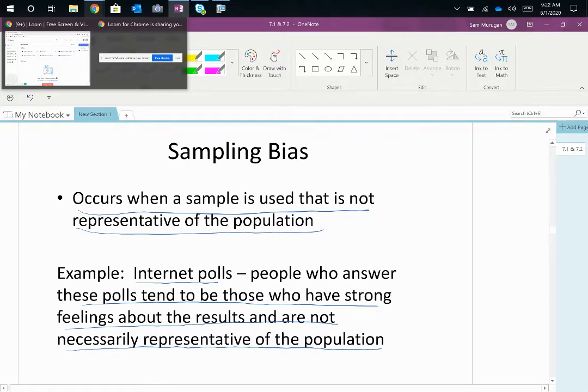For example, if we're polling people who tend to prefer one political candidate, the people who usually take these polls have strong feelings about the results, and they really don't represent the entire population of most of us who do not have strong feelings about, say, a particular political candidate.